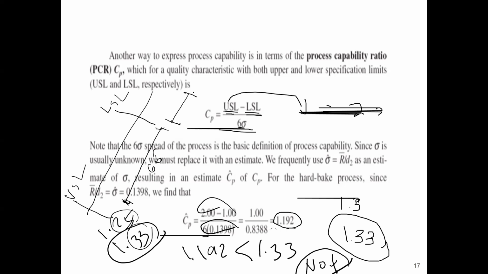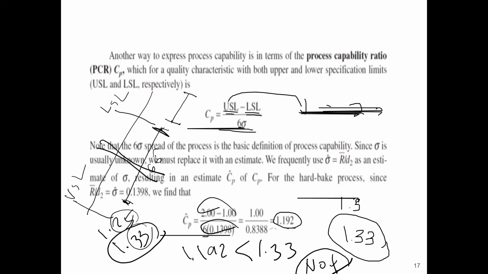Okay, so they have more room for variability. Then they said this index does not involve the average of the process. So it could be 1 or 1.5, but if the process shifted, it doesn't tell you if the process is centered.